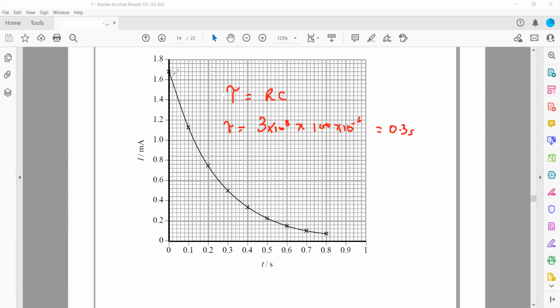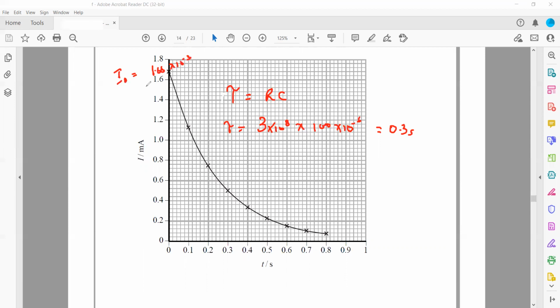Each box is representing 0.02... Okay, 10 boxes are equal to 0.4, so each box is 0.04. So the first box is 1.64, the second box will be 1.68. So the maximum value of the current is 1.68 milliampere.